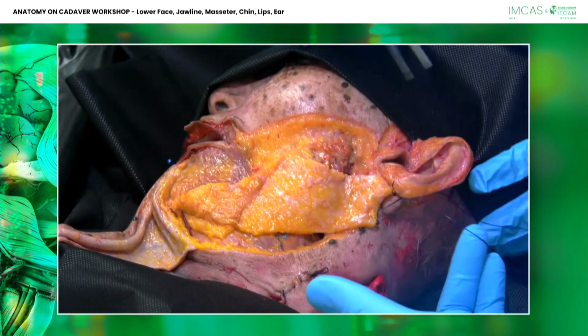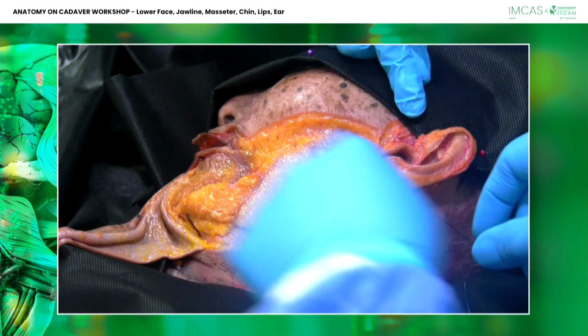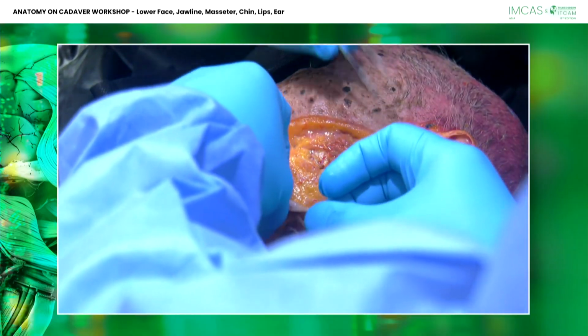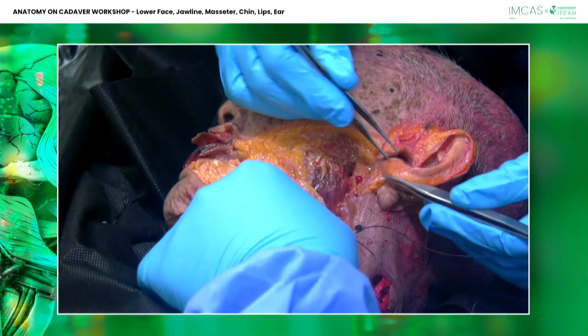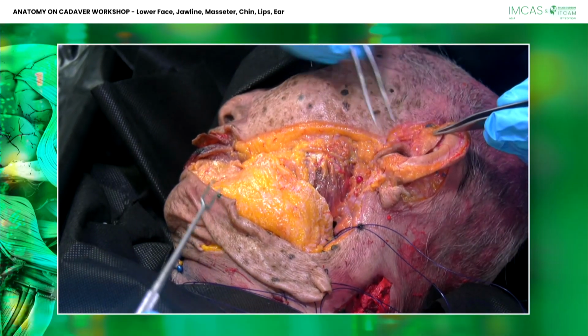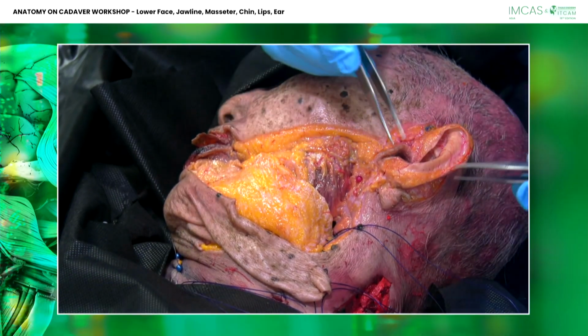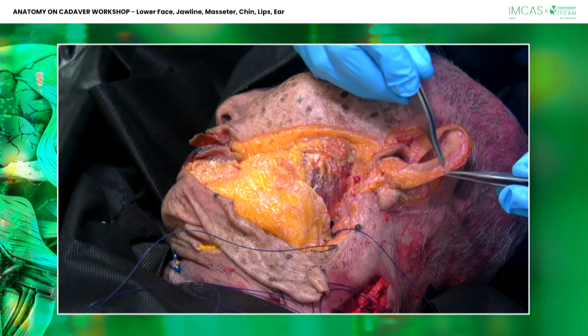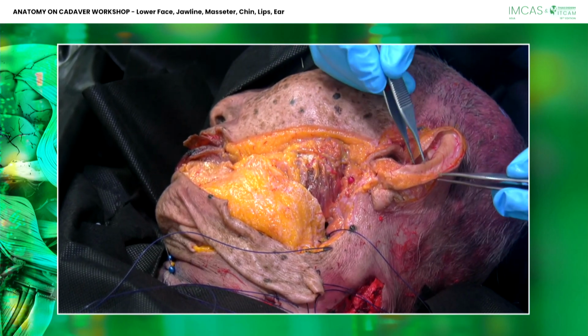This is the ear. Can you see the ear? At the ear area, from the surface anatomy, we can see the tragus of the ear, the antitragus, and the curve of the helix here. Medial to the helix, we can see the antihelix.